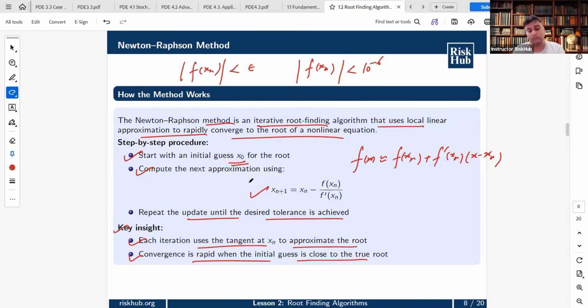Set this approximation equal to 0. 0 is equal to f(x_n) plus f'(x_n)(x minus x_n). Solve for x. x is equal to x_n minus f(x_n) divided by f'(x_n). This is exactly the Newton formula which we are studying.